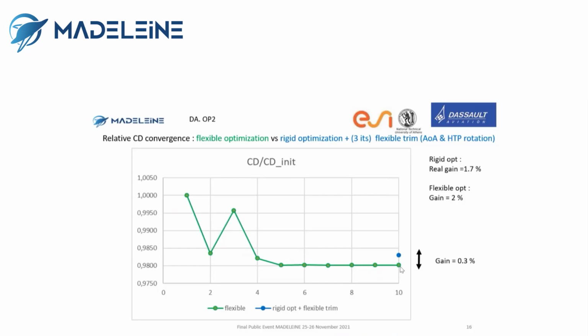So as you can see, the real gain using flexible optimization here is only 0.3% additional gain with respect to the 1.7% using the former classical way of optimizing, so optimization using the rigid assumption.